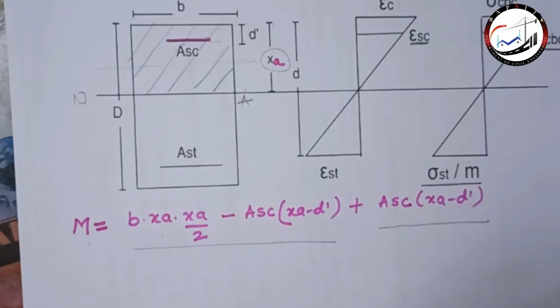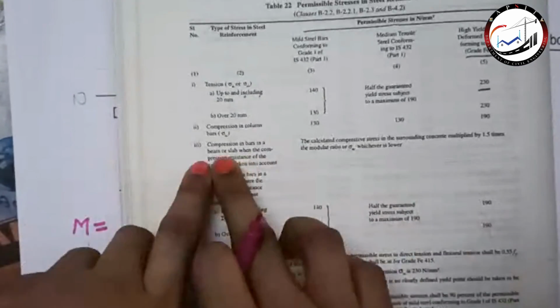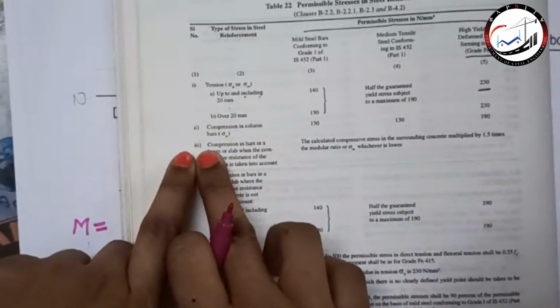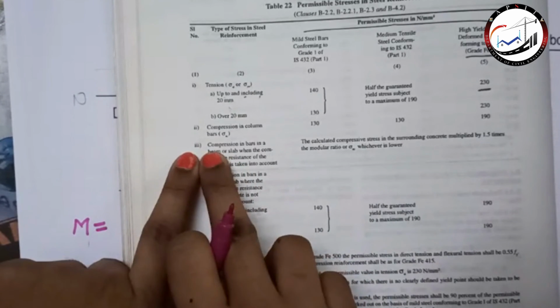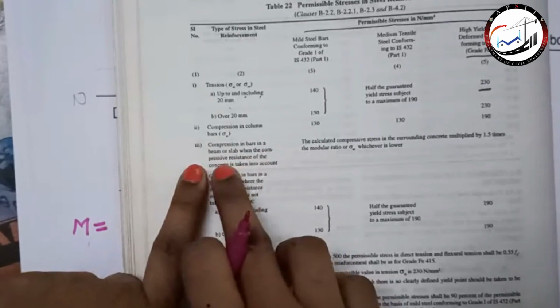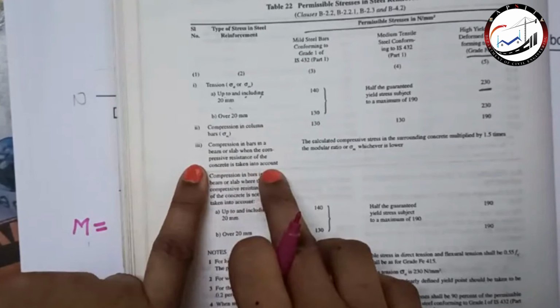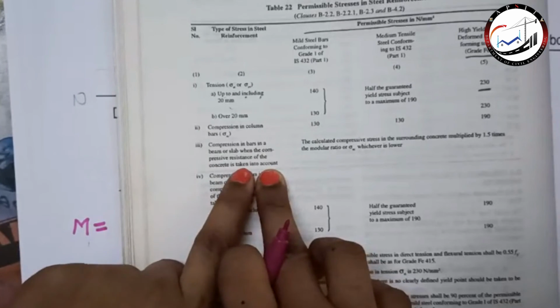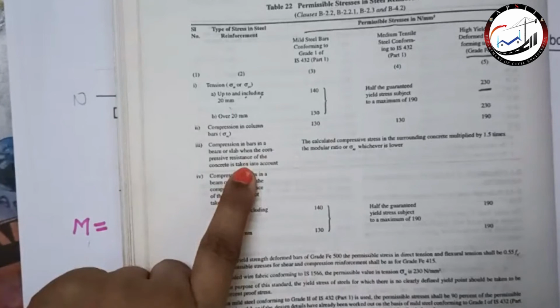But if you remember, we are using the equivalent, or you say the transformed section conditions, and for that we use the modular ratio. So what the IS code says is, it is given in table 22 of the IS code, where you need to see the third part: compression in the bars in a beam or a slab when the compressive resistance of the concrete is taken into account. What is this compressive resistance? This is the force when the steel is provided on the compression side also.